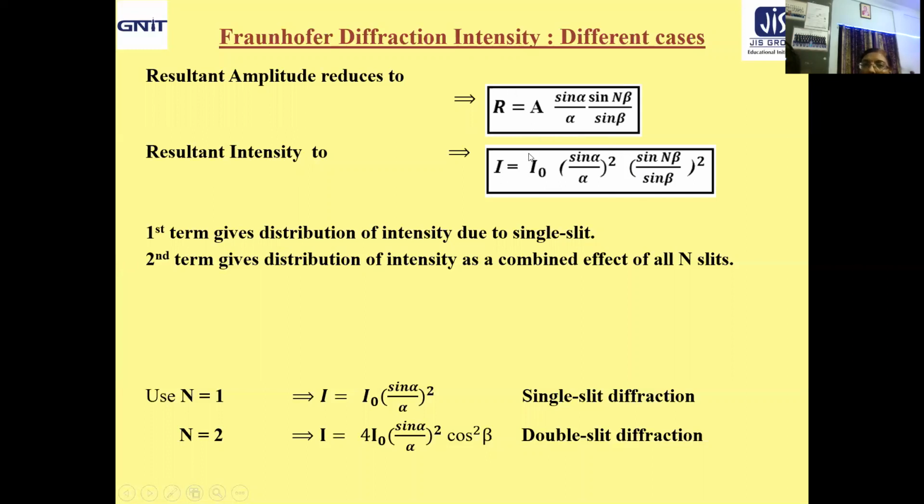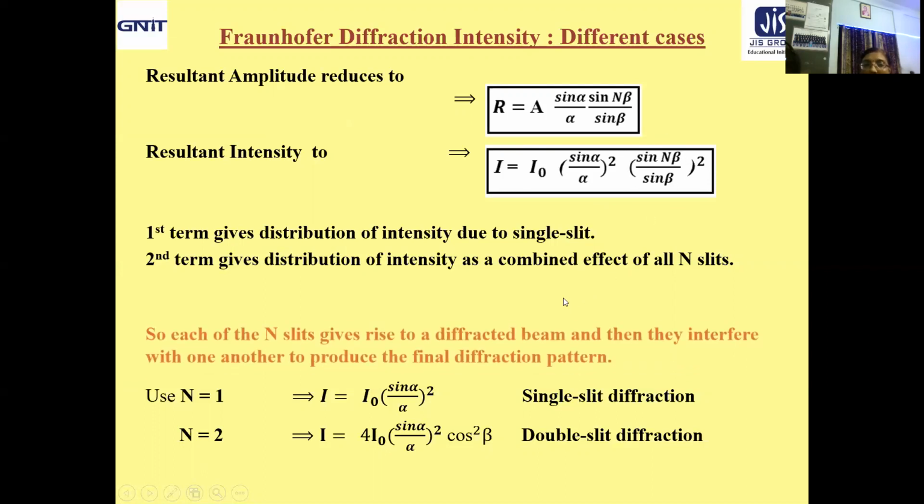That means here we have the combination of two terms. Take a look. The first term, with which you are very much familiar, gives the distribution of intensity due to a single slit. And the second term gives the distribution of intensity as a combined effect of all n slits. So you can consider this to be the interference term. So this is the single slit diffraction contribution, and this is the n slit diffraction contribution, the so-called interference term.